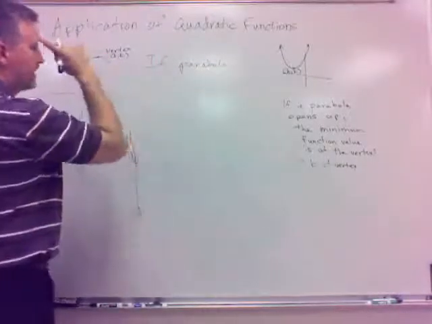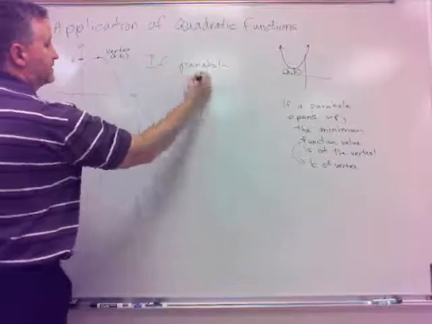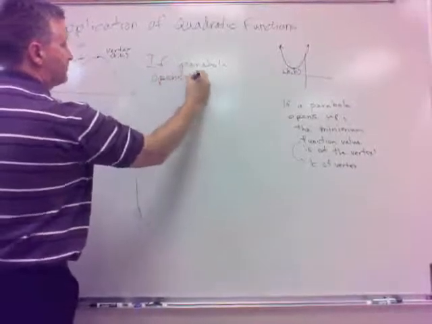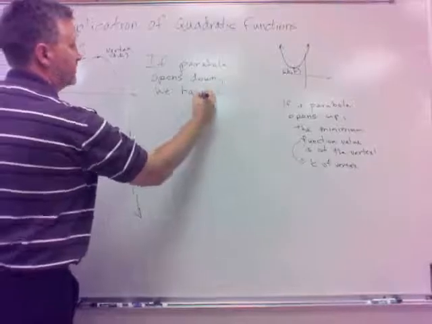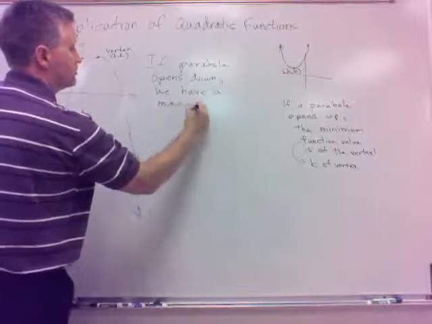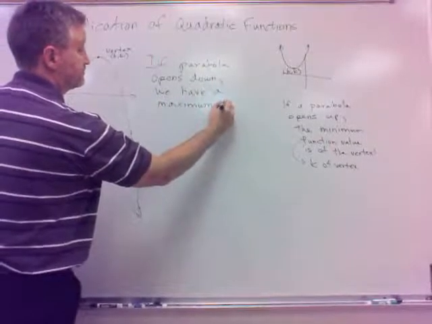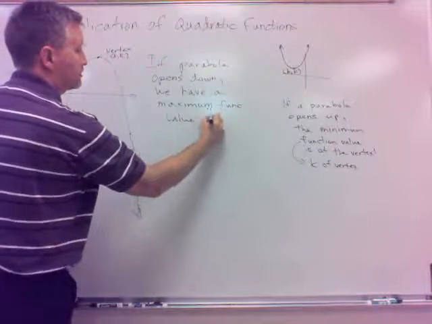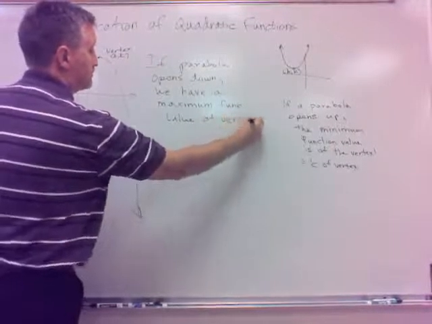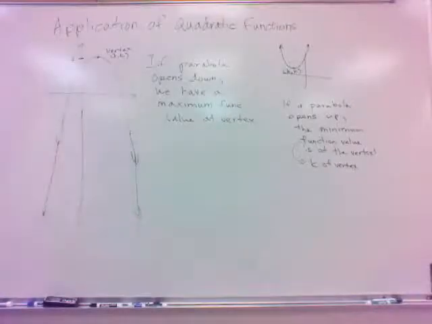It's not a minimum, it's a maximum at the vertex. So if a parabola opens down, we have a maximum function value at the vertex. And again, that maximum value, the actual value, is the k at the vertex, okay?